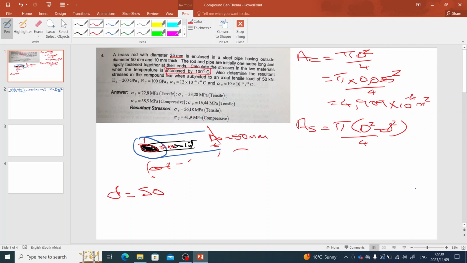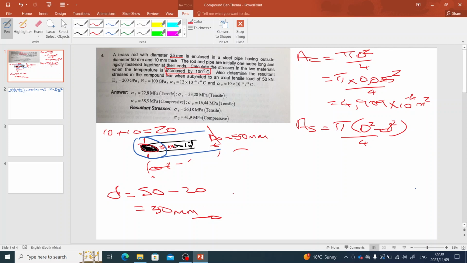It will be the thickness on top of your steel pipe and the thickness at the bottom, that means 10 plus 10, which gives 20. Then when we subtract 20 from 50, we get 30. This is the inner diameter of your steel pipe.